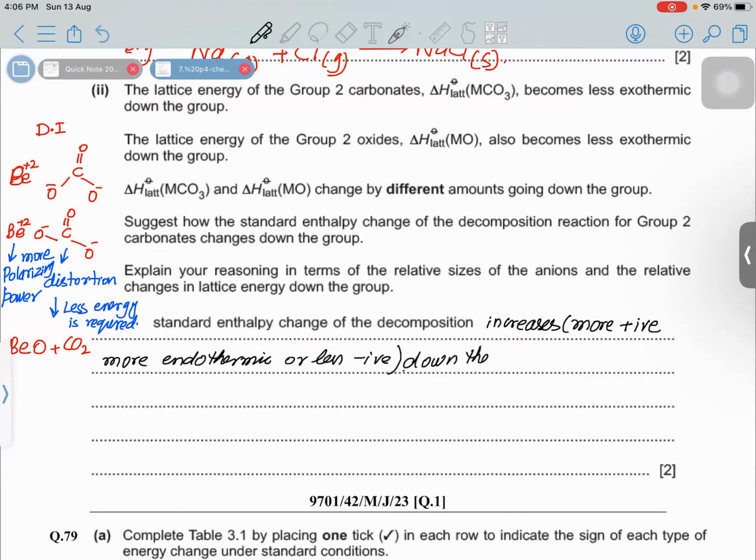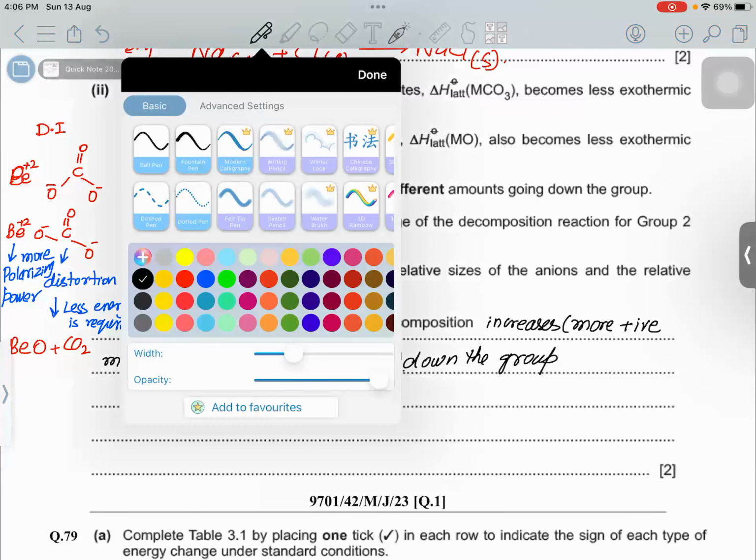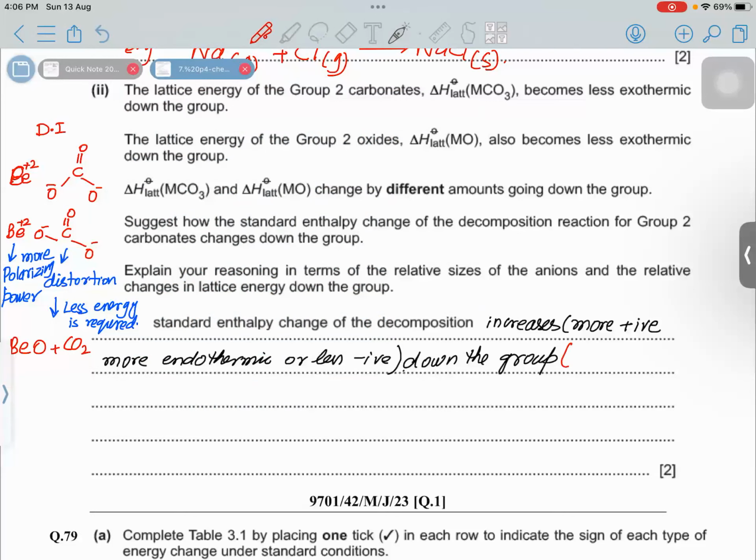Down the group. Why? Because down the group, polarizing power of cation decreases because size increases.